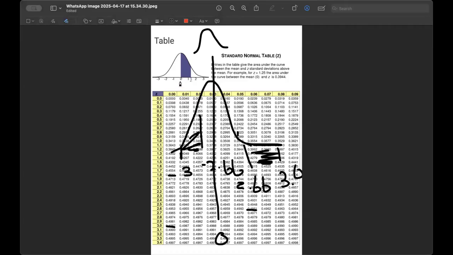Can you see my screen? They have given the colored region from 0 to 1. So for the area less than 1.15, we should take this whole part from here. We already know this part is 0.5. Then we read a value from this table, and we need to add that value.